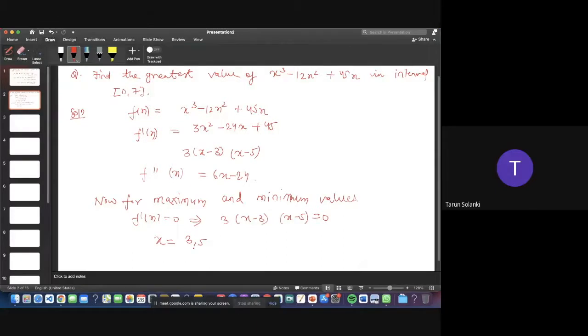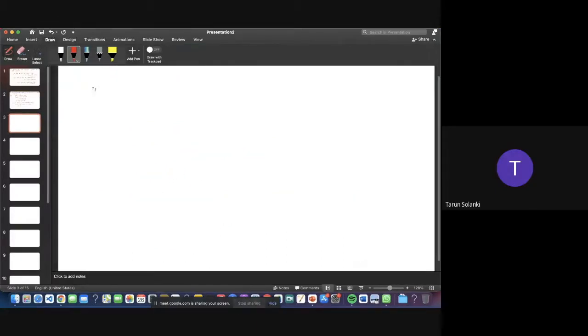So again, we can say f double dash 3 is minus 6, which is less than 0. So the function is maximum at x equals 3, and similarly f double dash 5 is equal to 6, which is greater than 0, then the function is minimum at x equals 5.